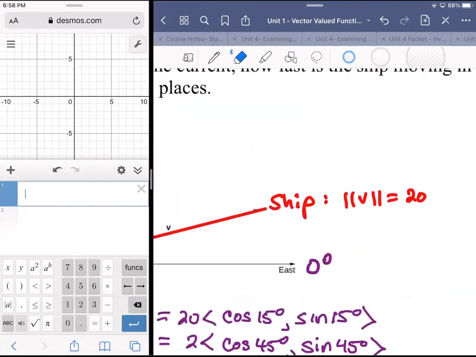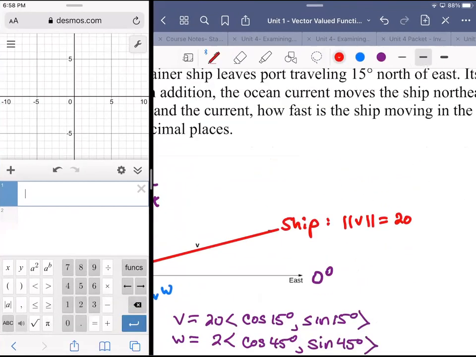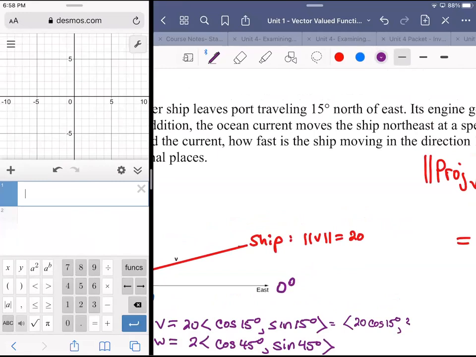Come on, son of a gun. All right, so yeah, just a quick little in purple. 20 cosine 15 degrees. 20 sine of 15 degrees.